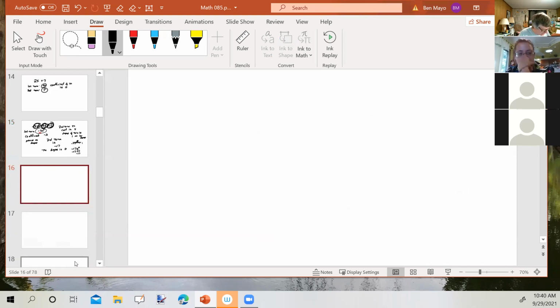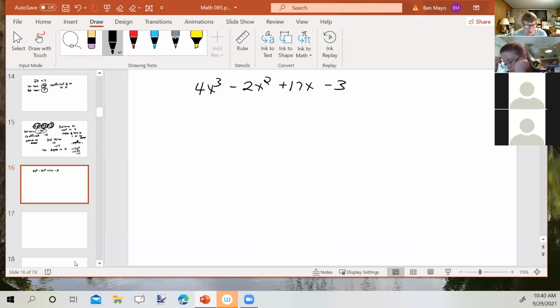Okay, now, let's say we've got 4x cubed minus 2x squared plus 17x minus 3. This is a polynomial. The first term is 4x cubed. The coefficient of the first term is 4.